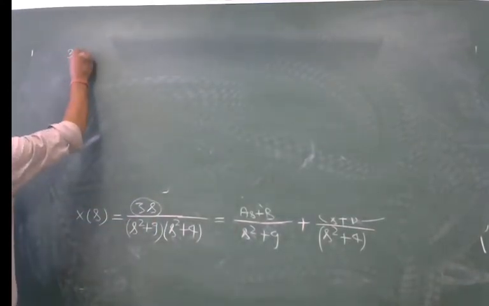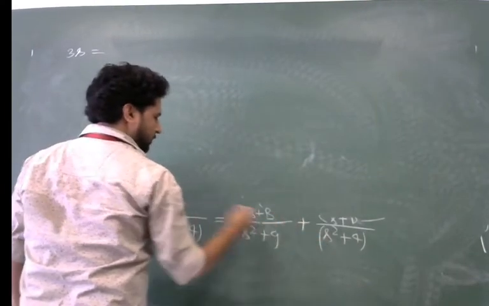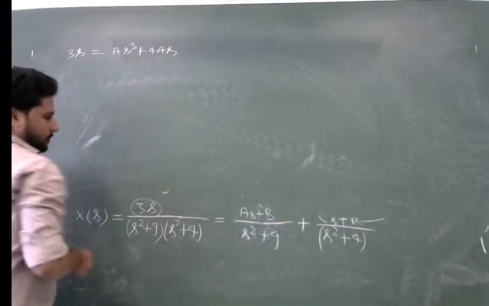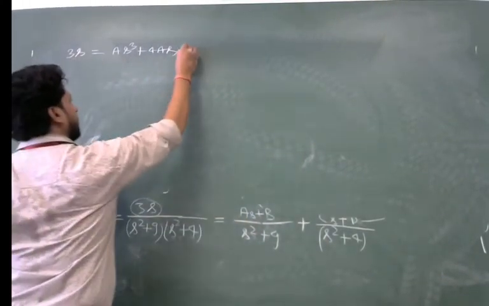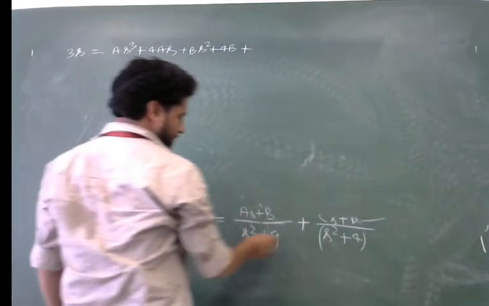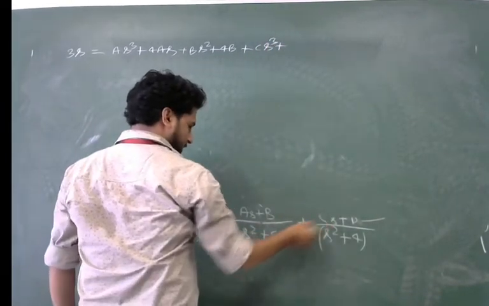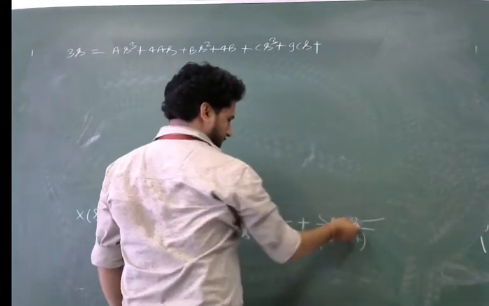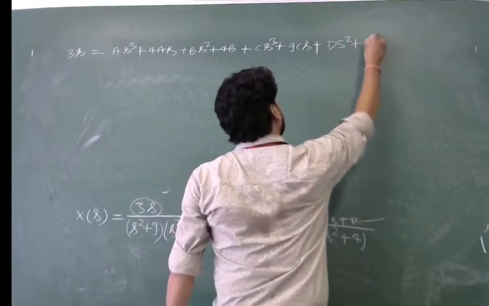So 3s will be equal to, multiply these two, this will become as cube plus 4as, plus bs square plus 4b, plus cs cube plus 9cs, plus ds square plus 9d.